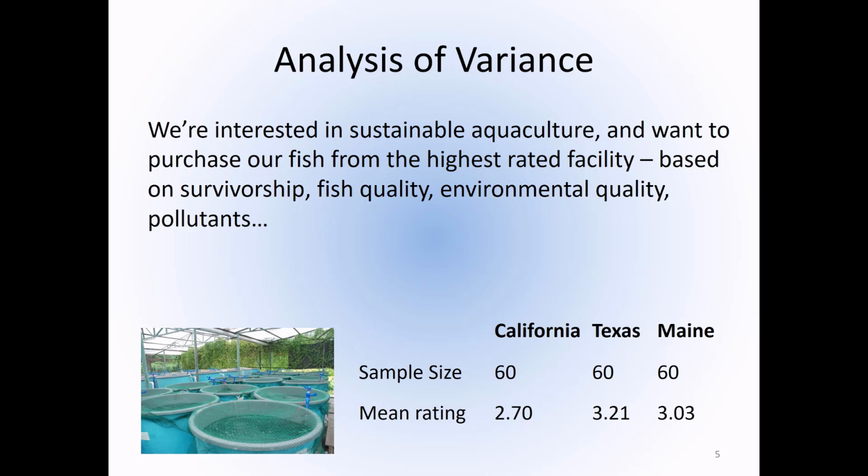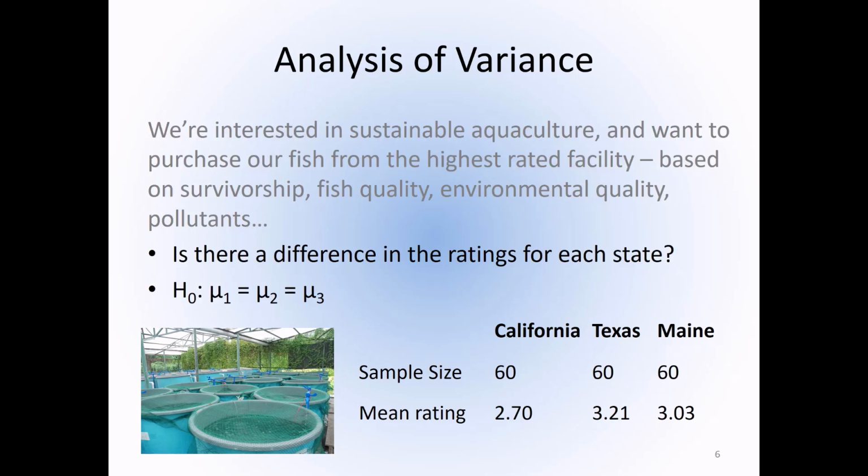And we notice that Texas has the highest mean rating, but is this significantly different than these other states? Does it really matter for purchasing fish from Texas, California, or Maine based on these ratings? And so ANOVA will provide us with the opportunity to determine this by testing the null hypothesis that the means are equal to one another.